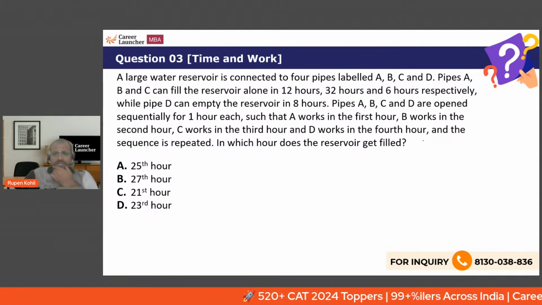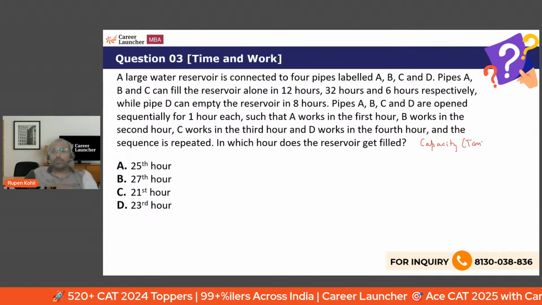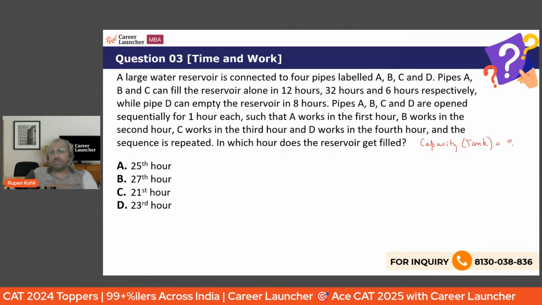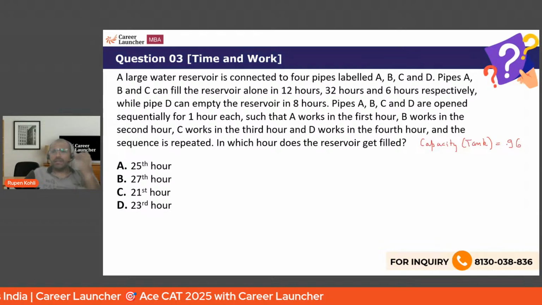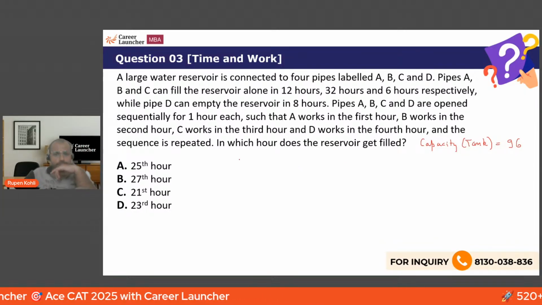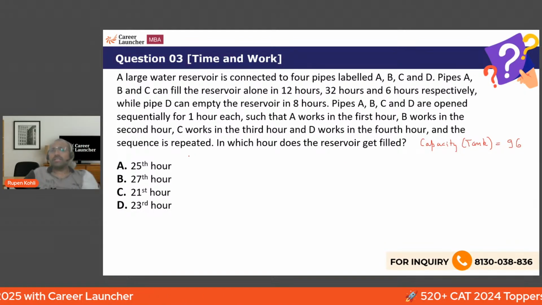So we start by defining the capacity of the tank to be 96 units, whatever liters, meter cube, whatever. Now we define the rates. Once we define the work, then we define the rate.